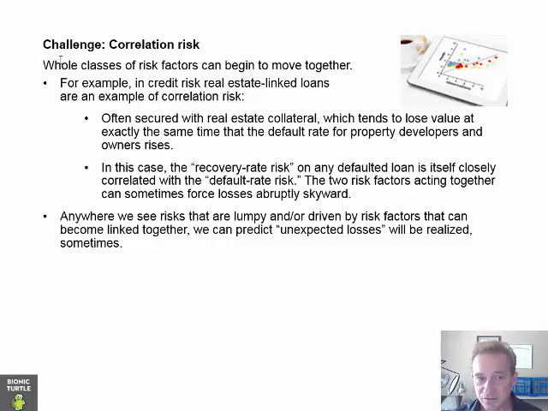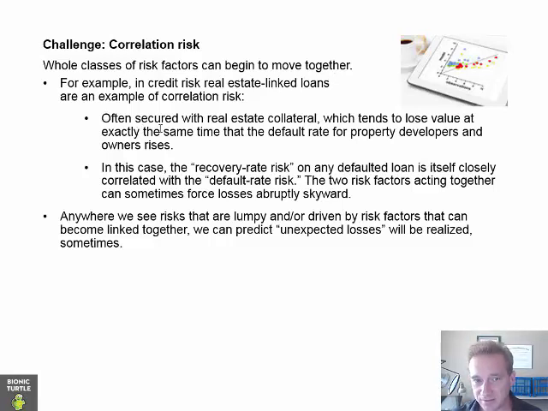So the next challenge that's specifically articulated by the authors is correlation risk. And this has gotten a lot more attention since the credit crisis, which is now several years old. But just to reiterate first the fact that whole classes of risk factors can move together.